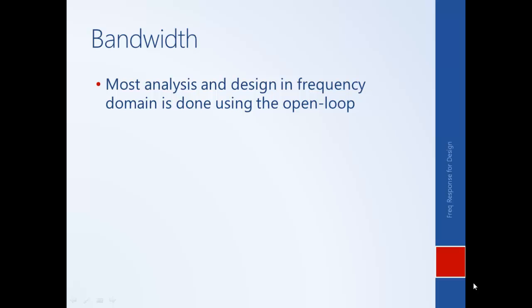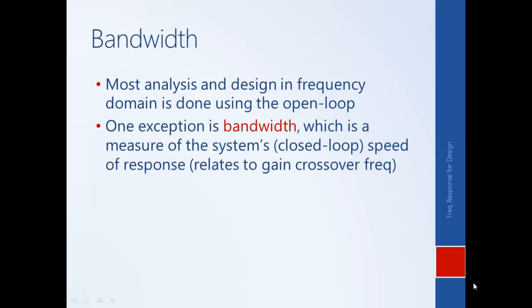An exception to this, a property where instead of using the open loop, so for most things in this course we'll use the open loop frequency response, but one exception is called bandwidth, and it uses the closed loop frequency response. In particular, it's a measure of the system's closed loop speed of response.